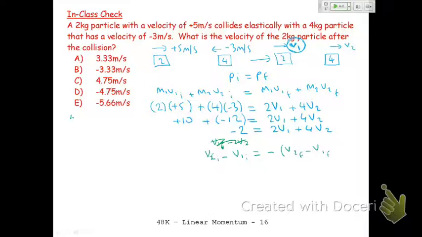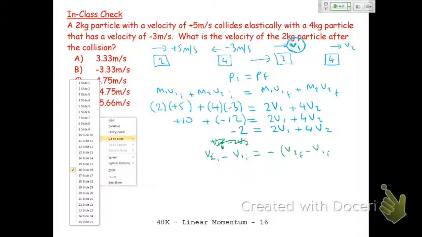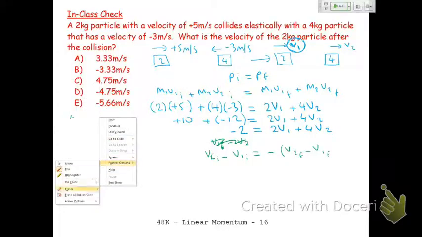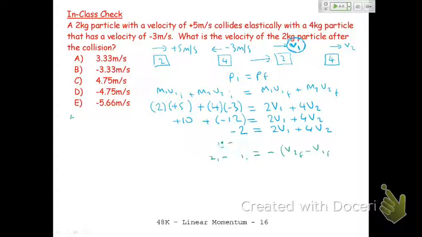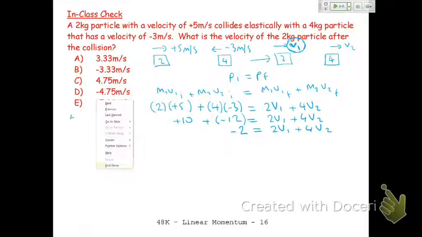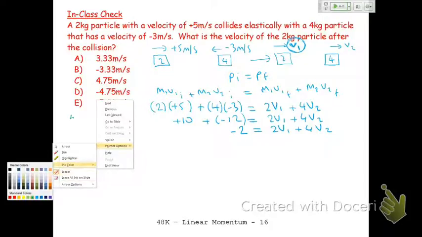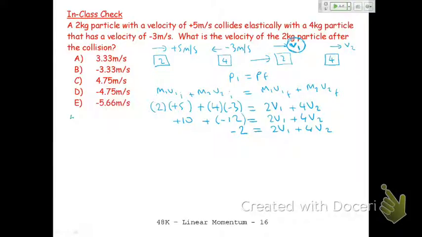Actually, I want to stop that because I'm being overly careful. It probably makes no difference, but let's do that again. So green.